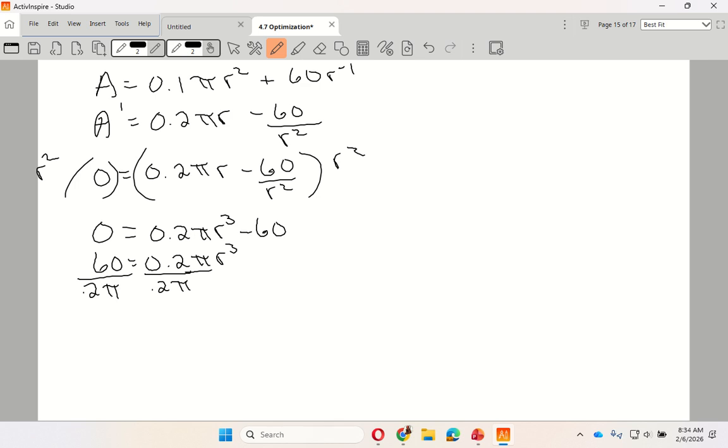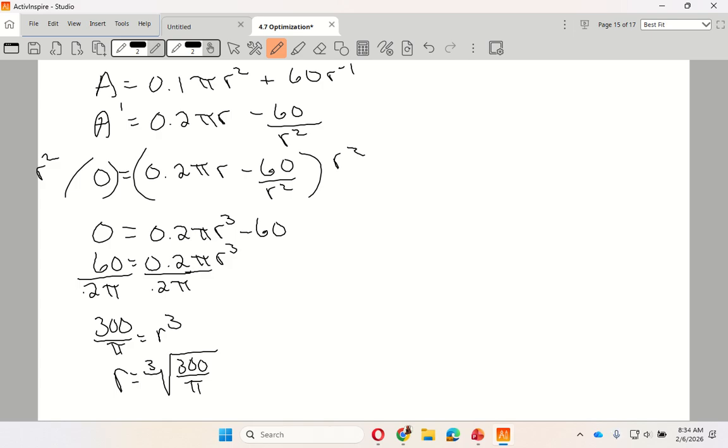What's that? 300? Yeah. So r is equal to the cube root of 300 over pi. And then we just plug that in to find h.